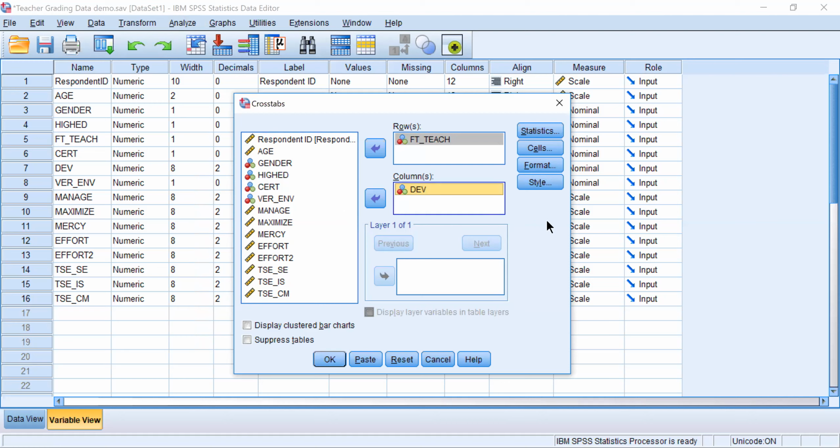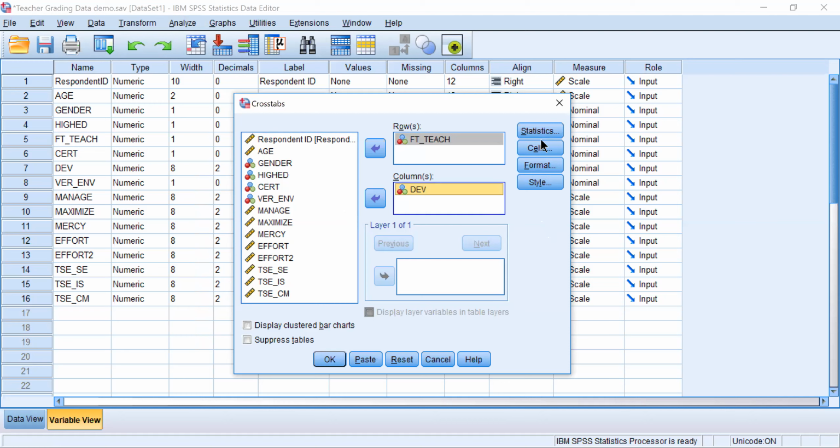So it'll be like childhood development, yes or no, are they a teacher? That's one column. Next column, adolescent, are they a full-time teacher? Next column, special ed, regardless of development level, are they a full-time teacher, yes or no? So we want to ask that.